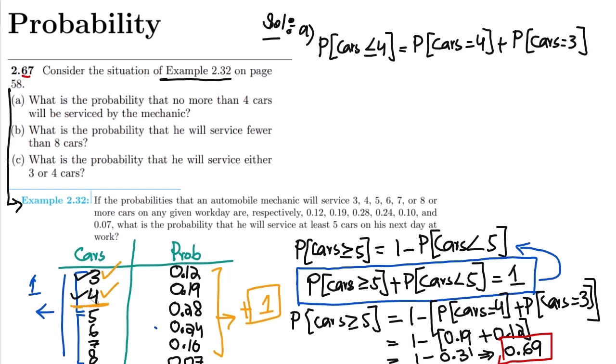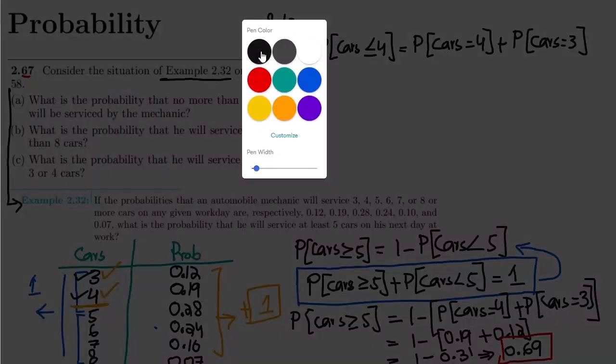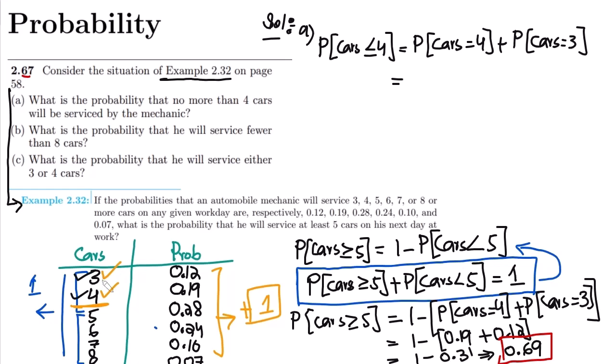Now putting their values here, the probability of cars equal to 4 is 0.19, and the probability of cars equal to 3 is 0.12. Adding them together, I will get 0.31. So that is the solution of part A of this question.